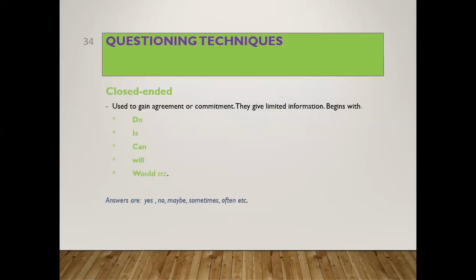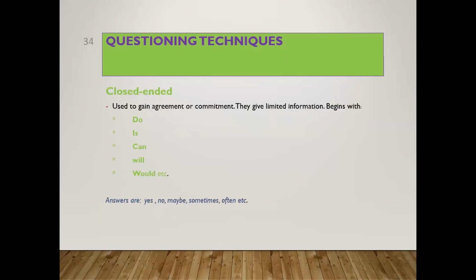Another type of questioning technique is the opposite of open-ended. This is closed-ended questions. These types of questions are used to gain agreement or commitment, and they nudge the customers to give limited information. Our closed-ended questions will start with do, is, can, will, or would.